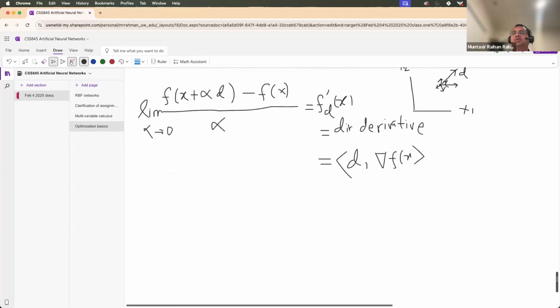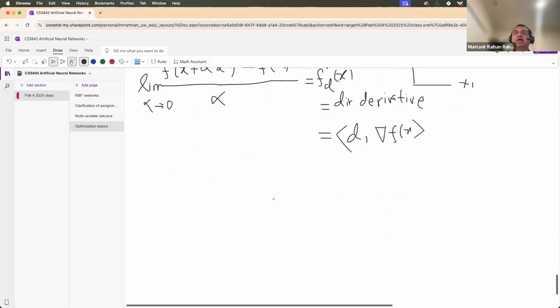And with this, we're going to actually see that there is another way of finding derivatives of vector valued functions. So let's revisit some of the functions. Let's look at this function, which was w transpose x, right? So let's compute the directional derivative of this function.